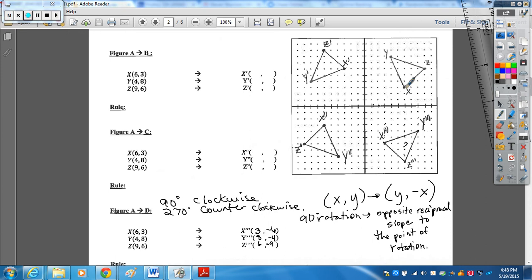Excuse me. If I'm going to go from X to X double prime, I know that if I'm rotating at 90 degrees about the origin, I'm going to go from the first quadrant to the fourth quadrant. I have to be able to visualize this to make this rule down here make sense. But if I do the slope, rise over run, okay, we have up 3, we have right 1, 2, 3, 4, 5, 6.